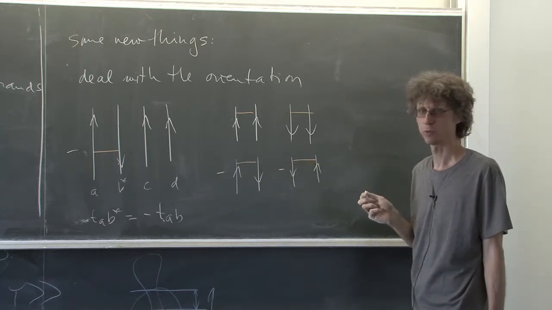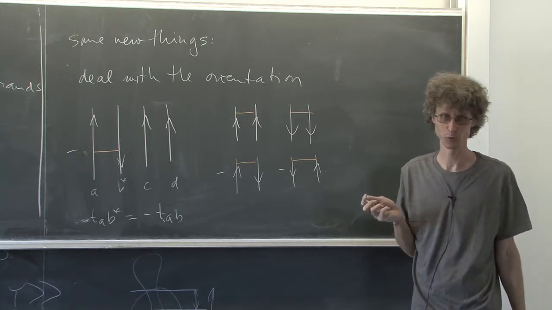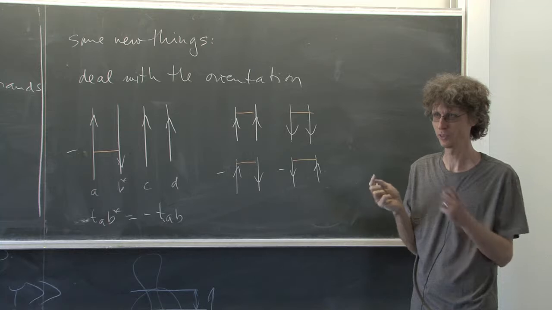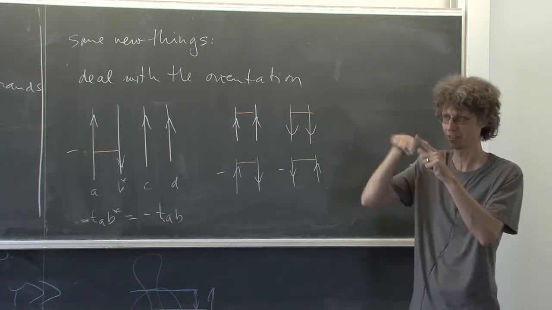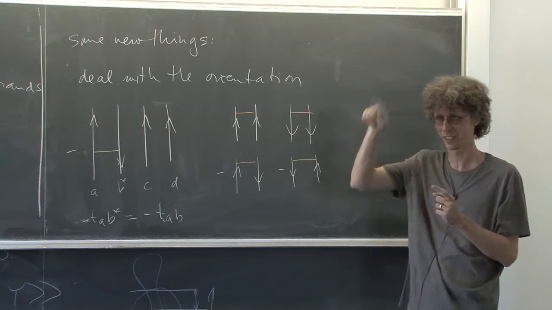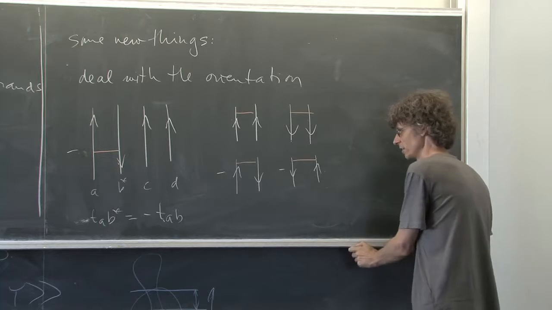And there is another minor problem: our knot is usually not a braid. So we need to do something when two things actually meet, when there is either a cap or a cup. We need to do something in that case.